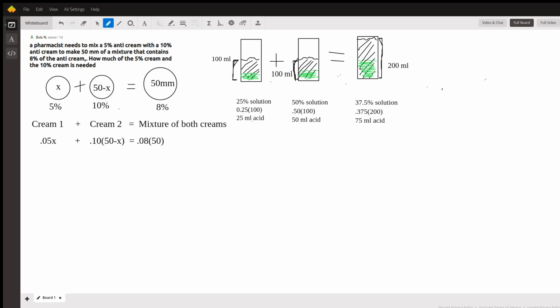So let's pretend that we have these cylinders, these cups of liquid. In the first cup here, we're going to have 100 milliliters of the liquid, and let's say it's water, and part of that liquid is acid, so I've shaded that in green. What we'll call this is a 25% solution, meaning that 25% of this solution is acid, the green.